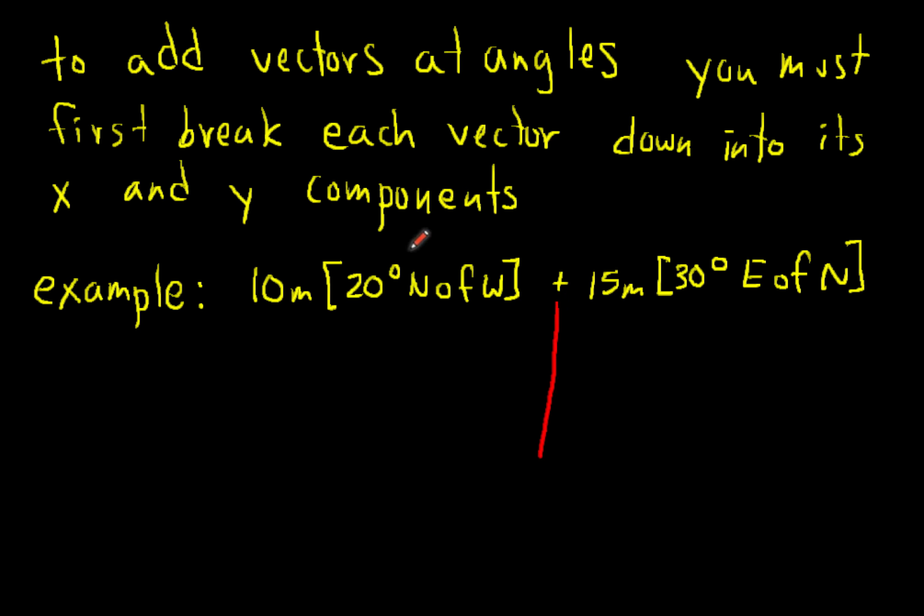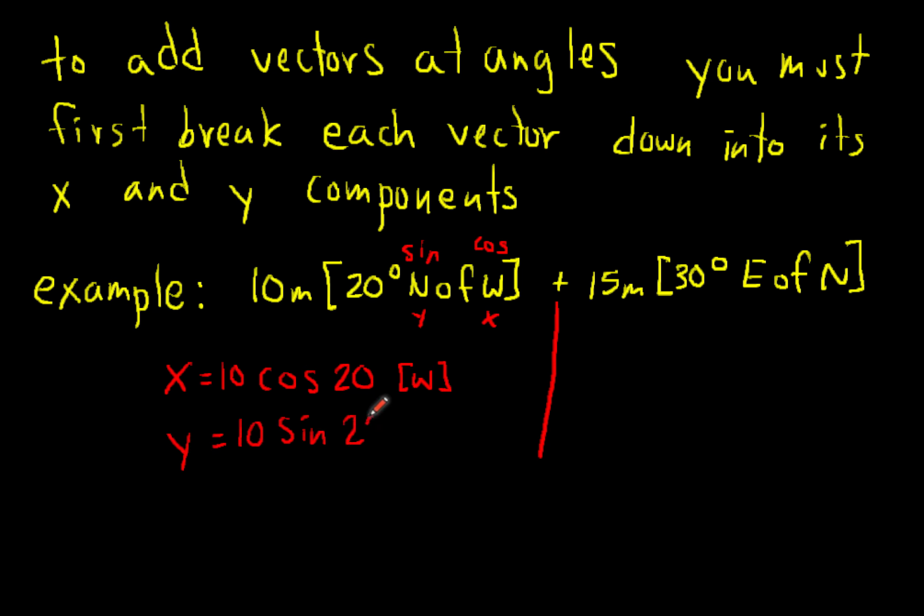The first step is to break them down to their component vectors. The "of" statement is always written in order sine of cos. North is the y vector, and west is the x vector. This means the x component is 10 cos 20 to the west, and the y component is 10 sine 20 to the north.